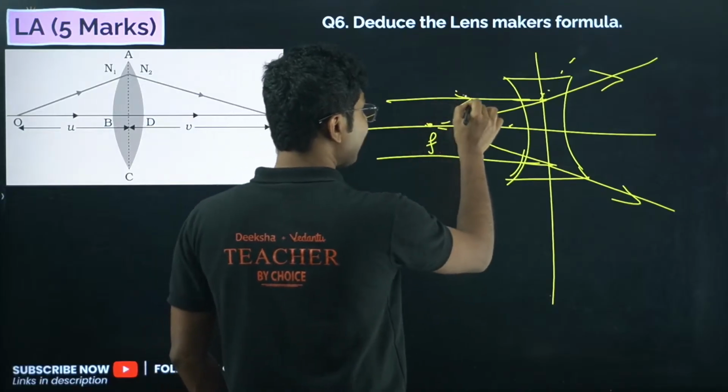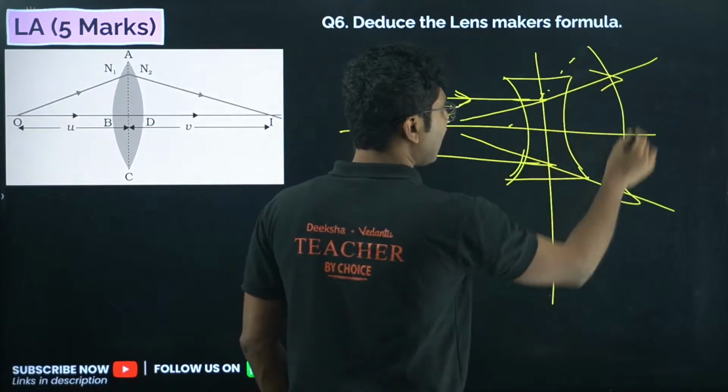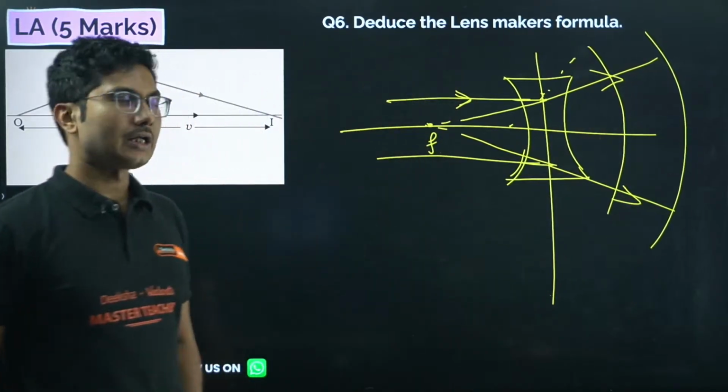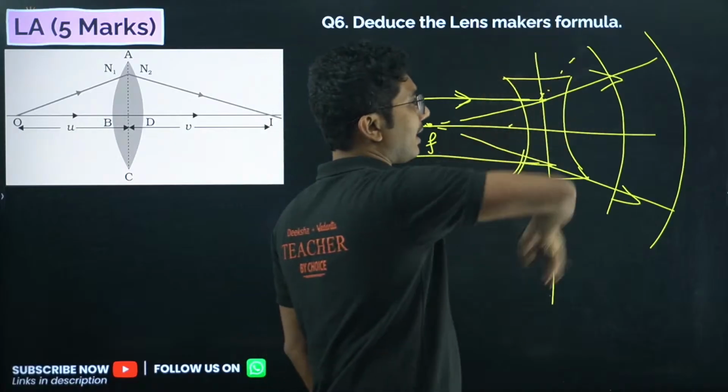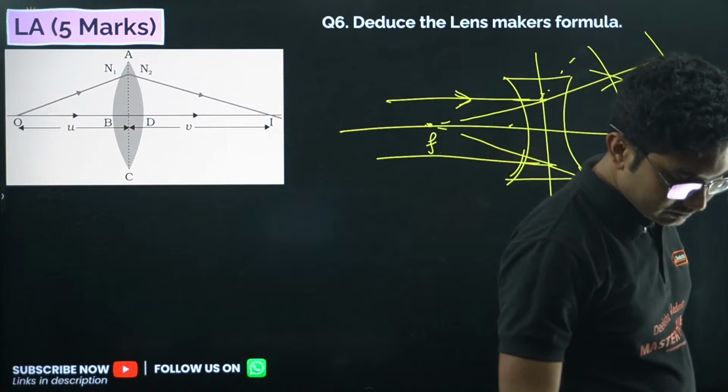So for a concave lens this question is more meaningful. You will know the location, and after coming out it will be again spherical. For a concave lens it will always be spherical, curving outward. Clear?